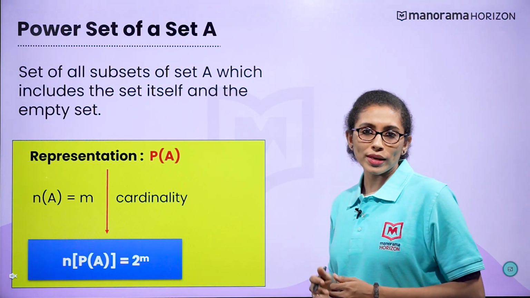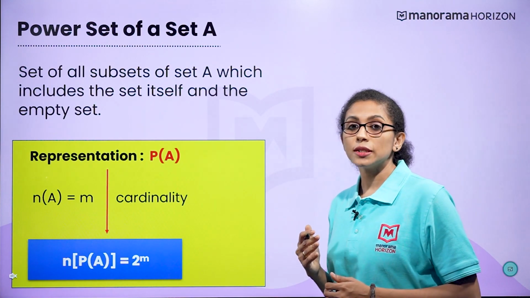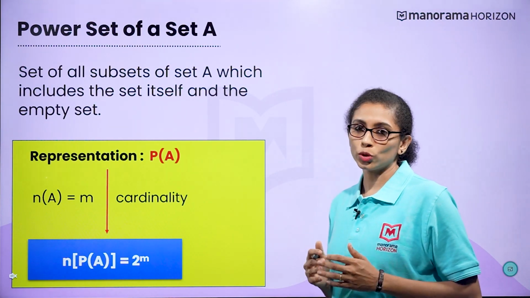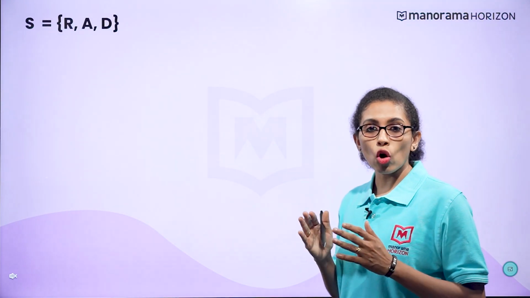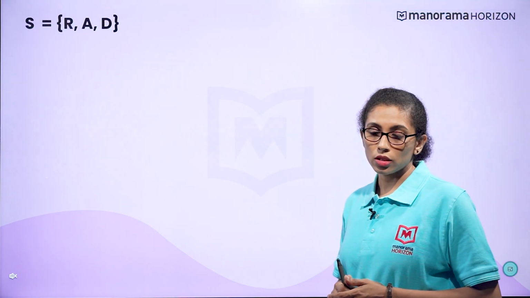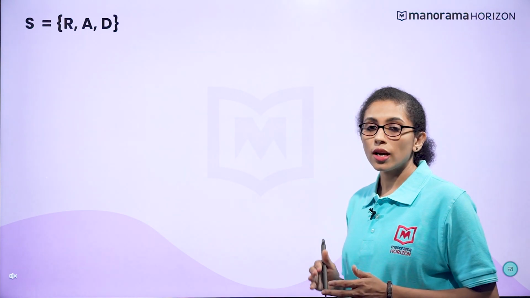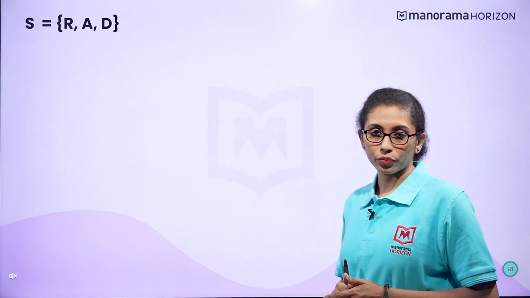Now my question is how to write power sets. Let's go through one example. S is a set of all letters in the word radar. So S is equal to {R, A, D}.